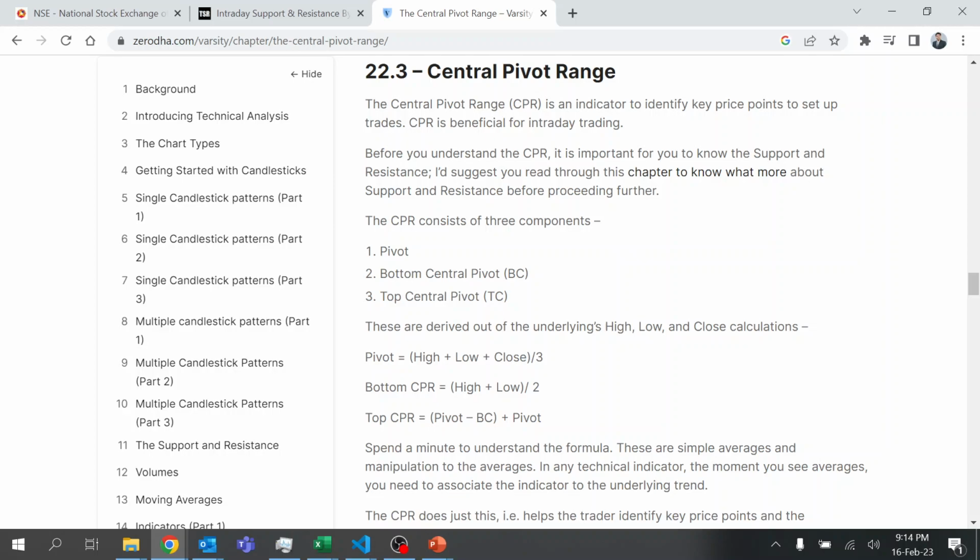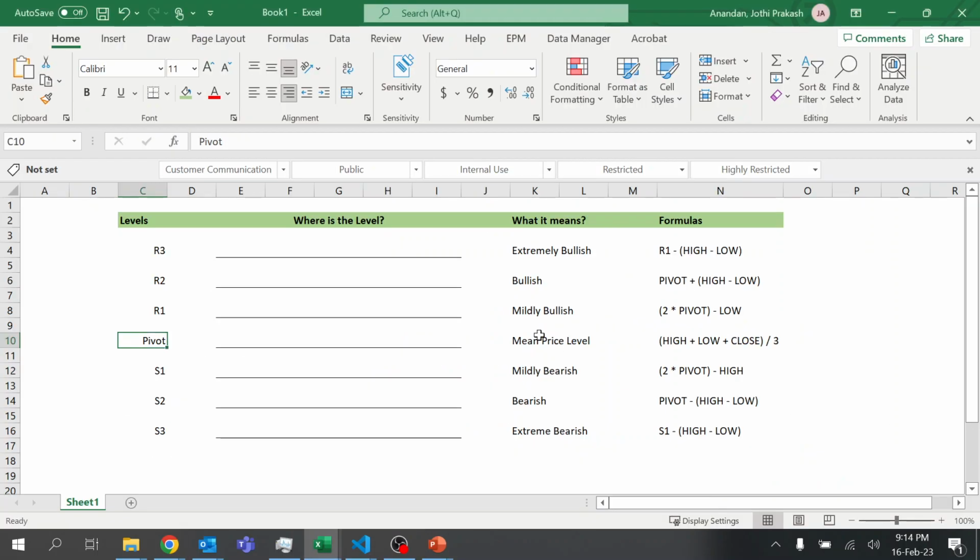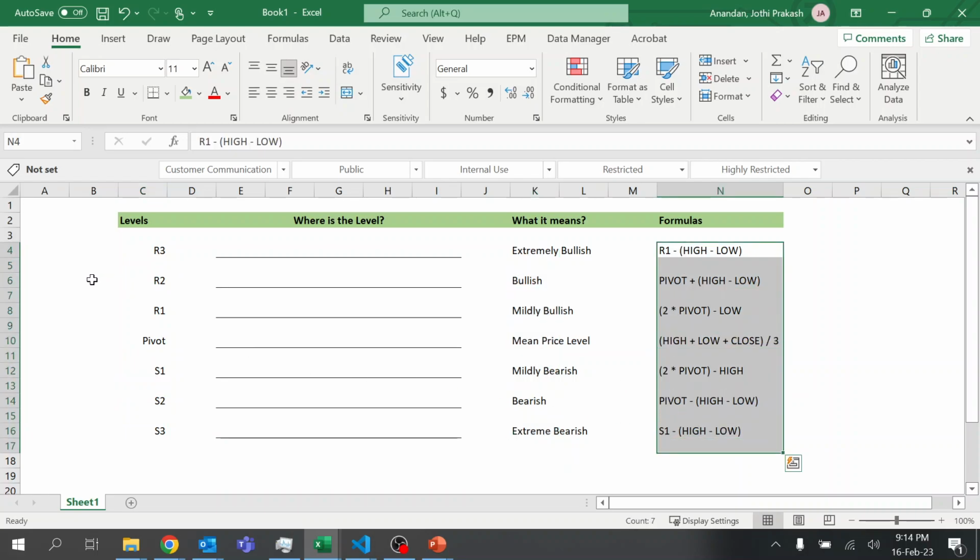I have written an Excel file with all the information you require: what are all the support and resistance levels found in CPR, what they mean, and how to calculate them. So let's go step by step.